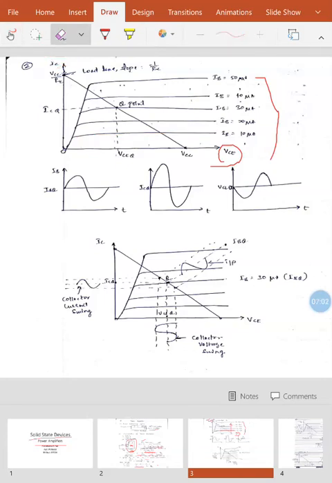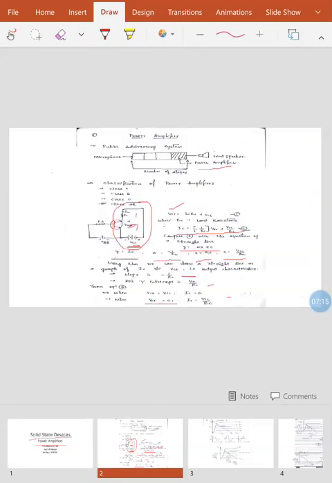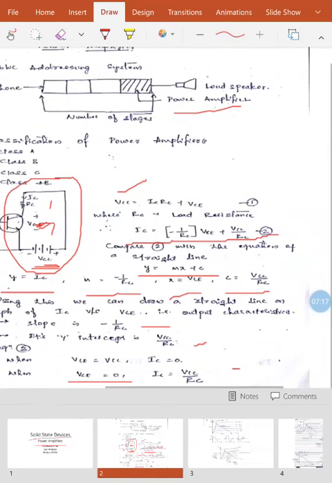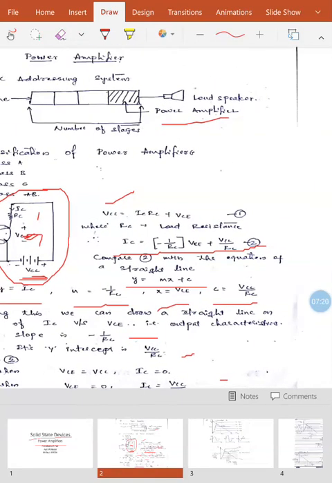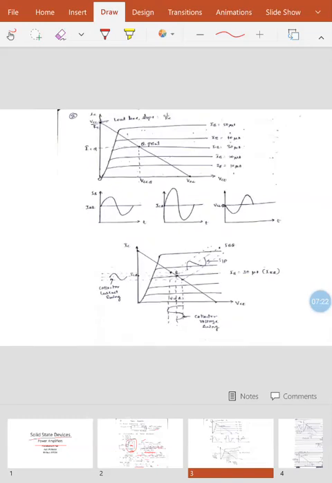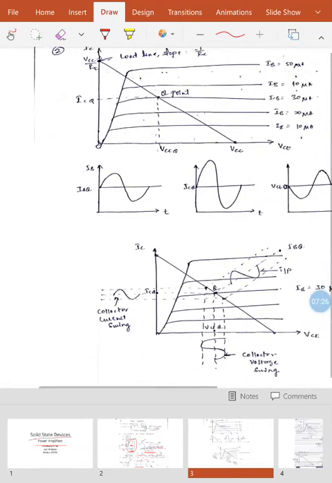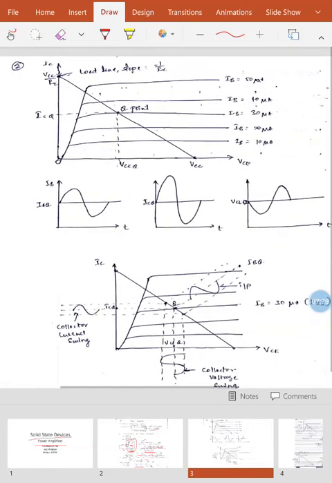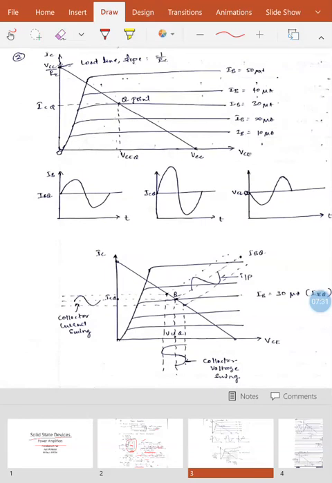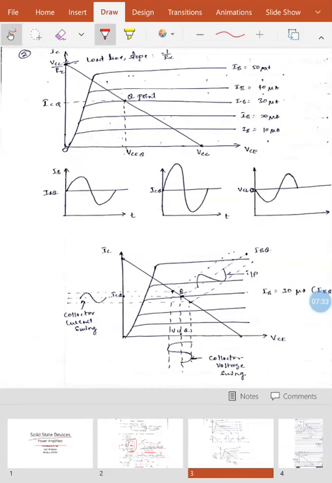Okay? Now let us draw the load line on this, or the straight line. The straight line is also called the load line. So just now we have seen that when VCE is equal to 0 in equation number 2, we can have the maximum current equal to VCC upon RC.